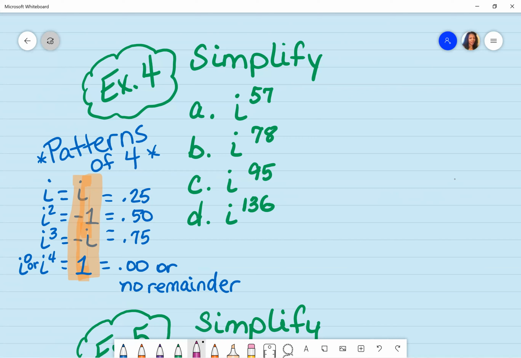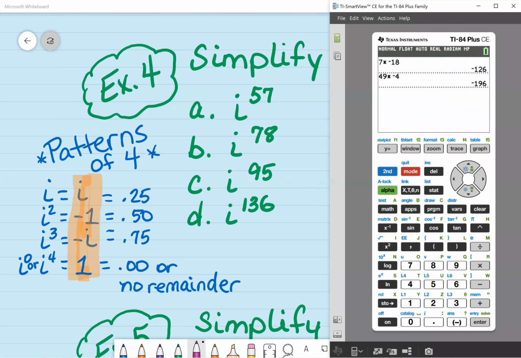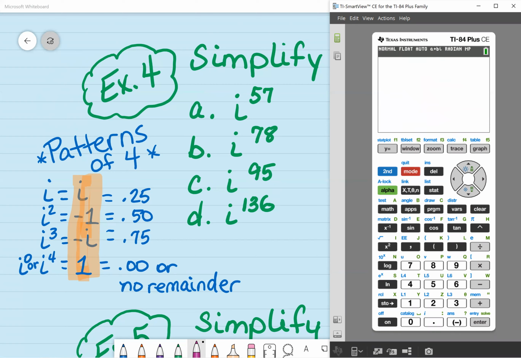Okay, so let's get started with the first one. We have i. Well, before we get started, let's close this. And we're going to go to mode. If you go to mode and you go all the way down, you'll see real. And next to it, you see a plus bi. Go ahead and select that and hit enter. And to get out of the screen again, second and mode again, that tells you to quit.